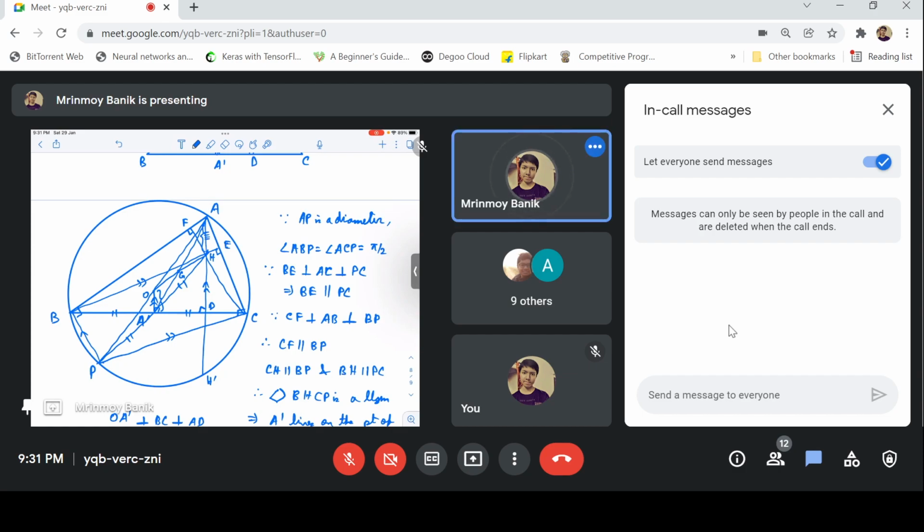What is the definition of a centroid? It's the intersection point of the medians, right? So AA bar is already one of the medians.